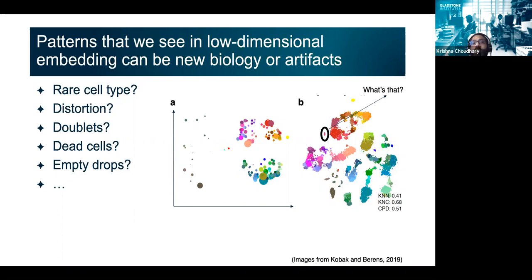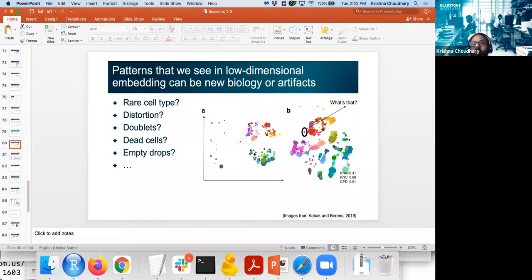You should confirm and validate your conclusions. These plots are meant for hypothesis generation. They are not for making conclusions. Whatever conclusions you want to make, you have to either go back to higher dimensions to confirm that there is some agreement, or use other low throughput methods to test your hypothesis, things like that.